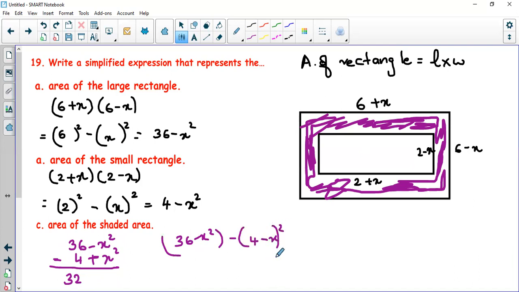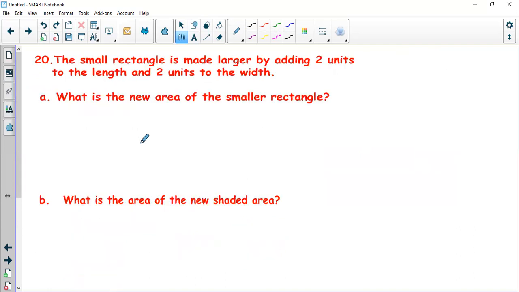As I taught you when we were learning subtraction of polynomials, I told you to multiply them first. So that will give you negative 4 plus x squared. So the answer is going to be 32. I know it might have been a bit confusing, but it's nothing big. It's okay to make mistakes anyway.